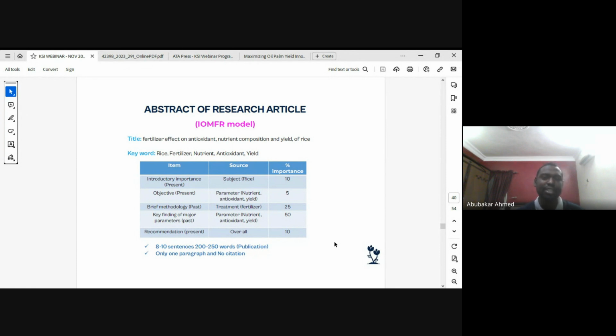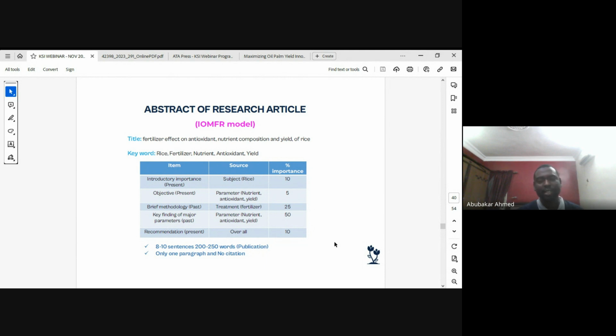In the key findings, you look at the parameters. What are the parameters you look into? For example, we want to look at the impact of climate parameters like temperature, precipitation, rainfall, and the rest. So you bring the key findings in that. What is the impact of temperature on rice production?